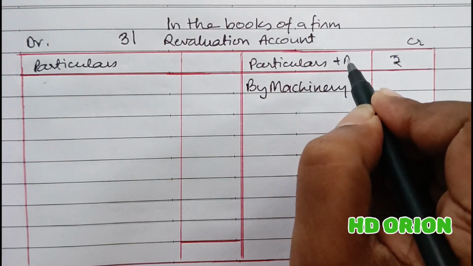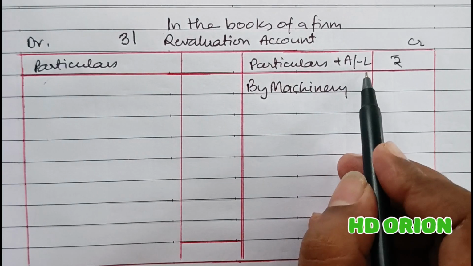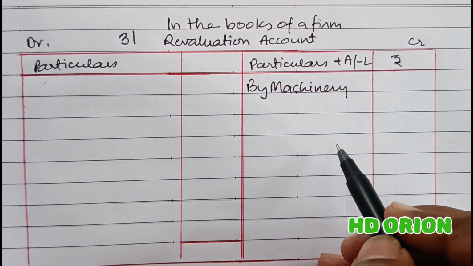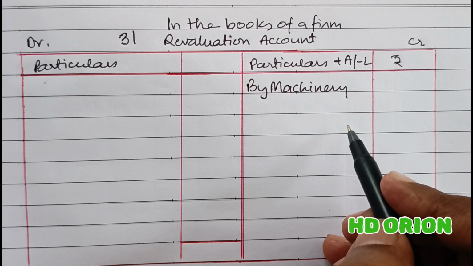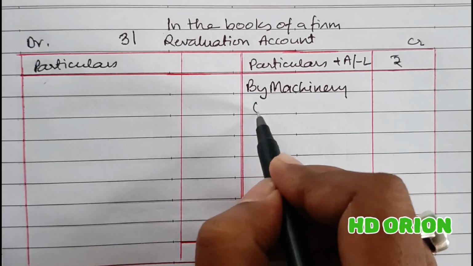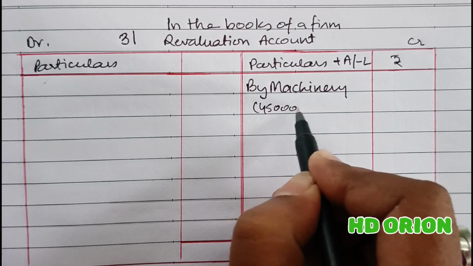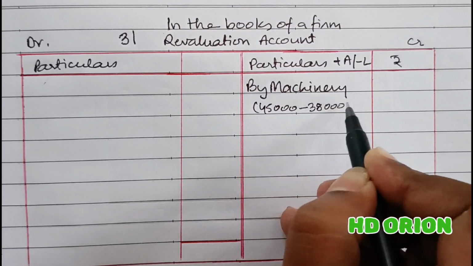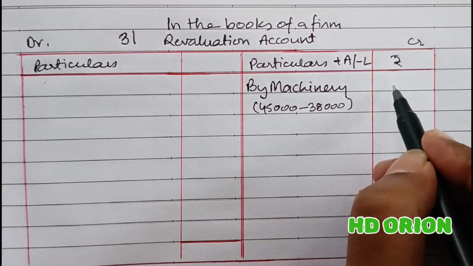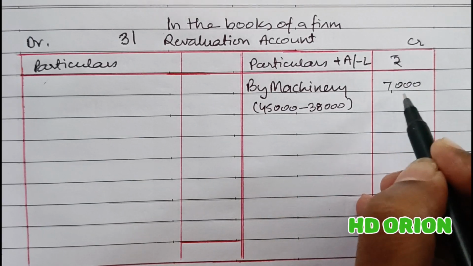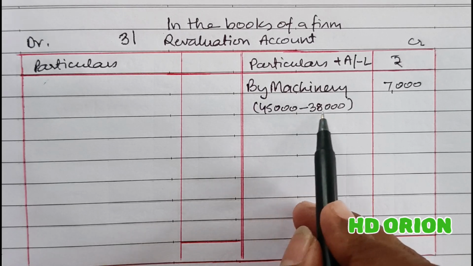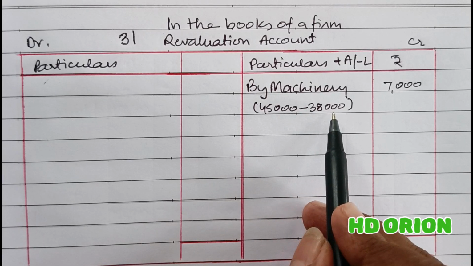So increase in the value of asset or decrease in the value of liability will be recorded in the credit side, and machinery is revalued at rupees 45,000 and in the balance sheet it is 38,000. Okay, so there is an increase in the value by 7,000. Difference in amount we have to write. You don't have to write this. I am writing this just to explain you.